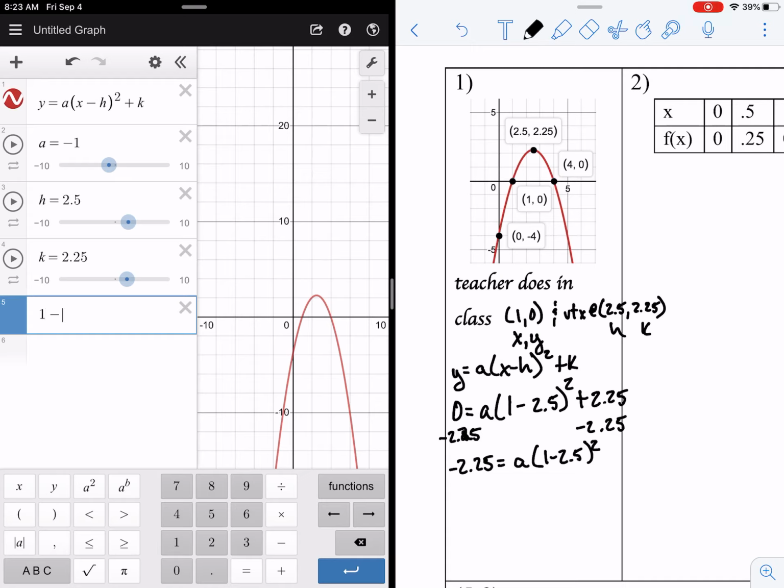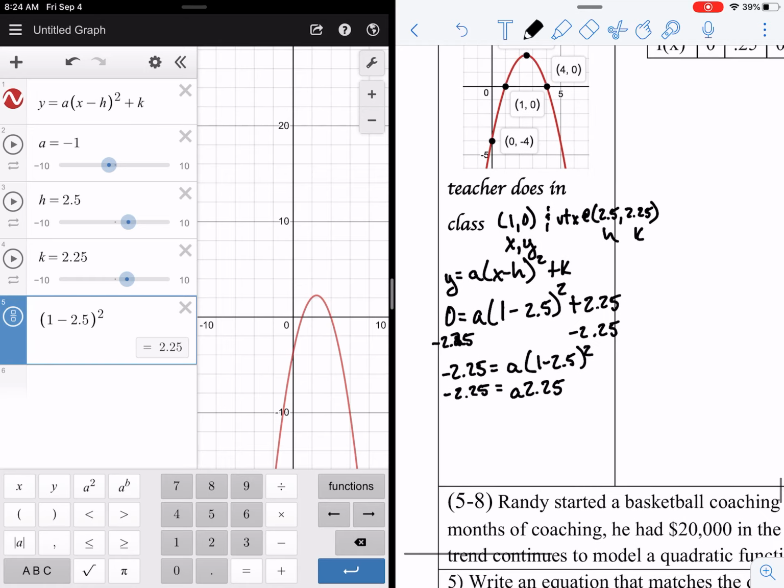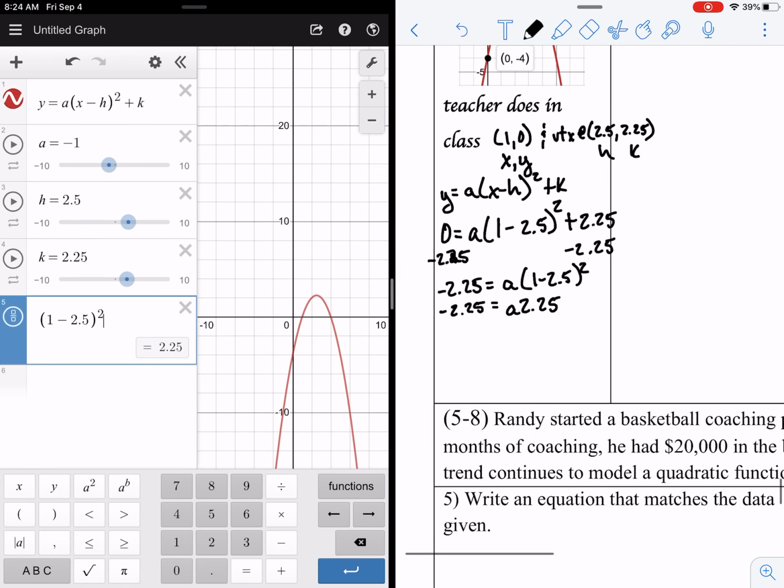So 1 minus 2.5, and I'm going to square that value, and I get 2.25. And again, remember, the end goal is to get a by itself. So I divide to undo the multiplication. That then cancels, and I'm left with negative 1 is equal to a.